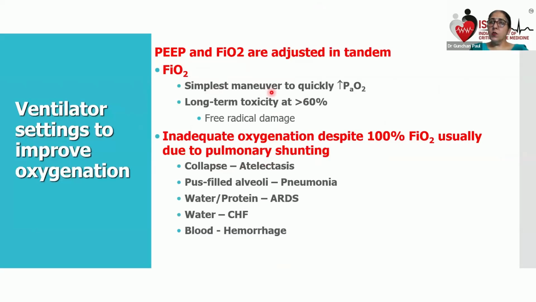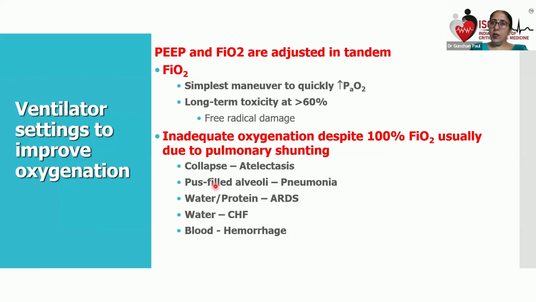The simplest maneuver is to immediately increase the FiO2 so that it increases the PaO2. But I've told you, long term, we do not want to give 100% oxygen. Our aim should be to bring it down to 60% as quickly as possible. Because there is shunting of blood. There is blood flow outside the lung, but the lung parenchyma is filled with something, either water or blood or pus. So it is not getting the oxygenation.